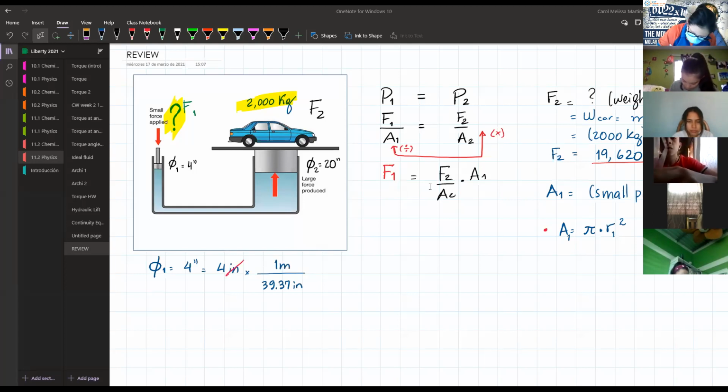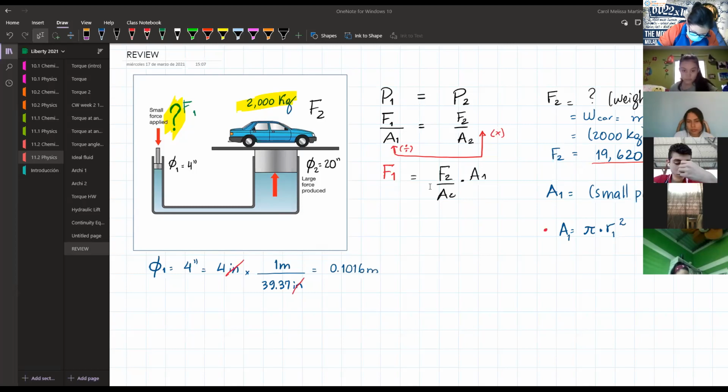Cancel and cancel. How much is this? Remember 4 digits after the decimal. 0.1016, that is correct.